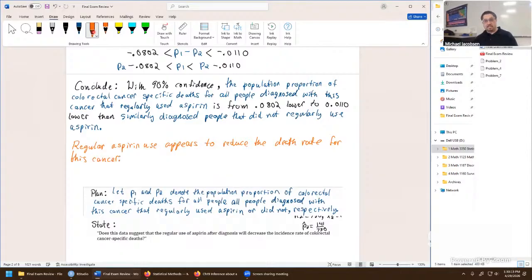Again, it's in orange because it's just an additional comment. If you leave it off, I wouldn't consider that a big deal. It's best practice to readdress your statement phase question here. But this is where the major credit is in the conclusion. For all confidence intervals, similarly, if it's a hypothesis test, we have to directly go back to whatever you said the alternative was, what your parameters were.